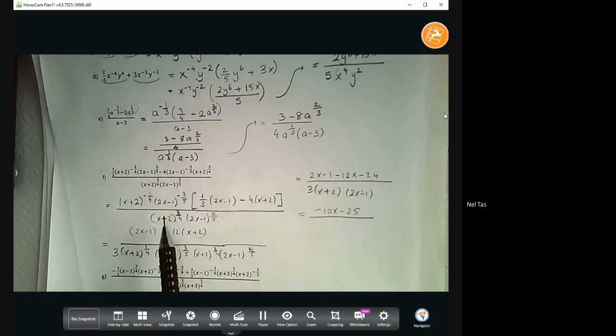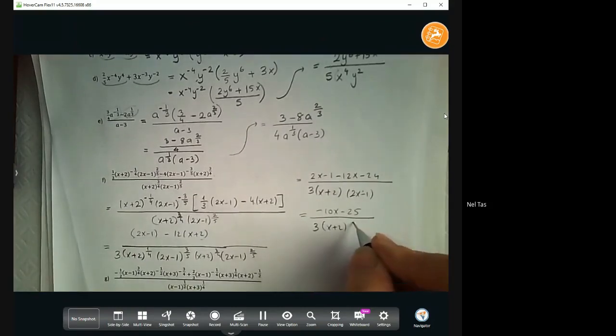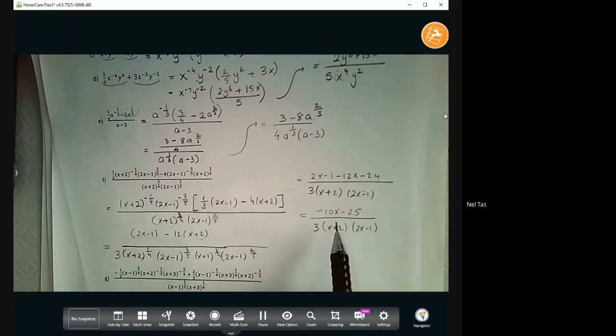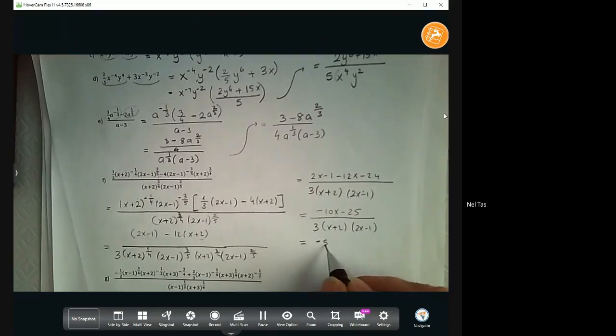So negative 1 over, yeah, it is that. Okay, correct. So 3 times x plus 2, 2x minus 1. As the last step, we also need to factor negative 5 from here, leave everything in factored form. So we get 2x plus 5.